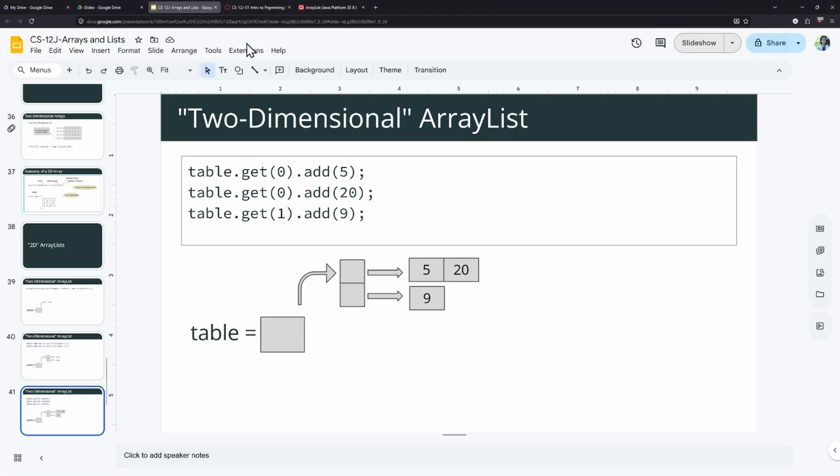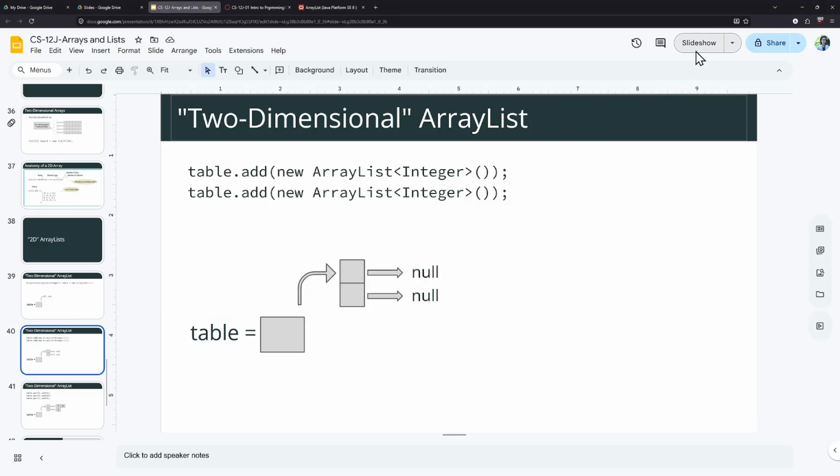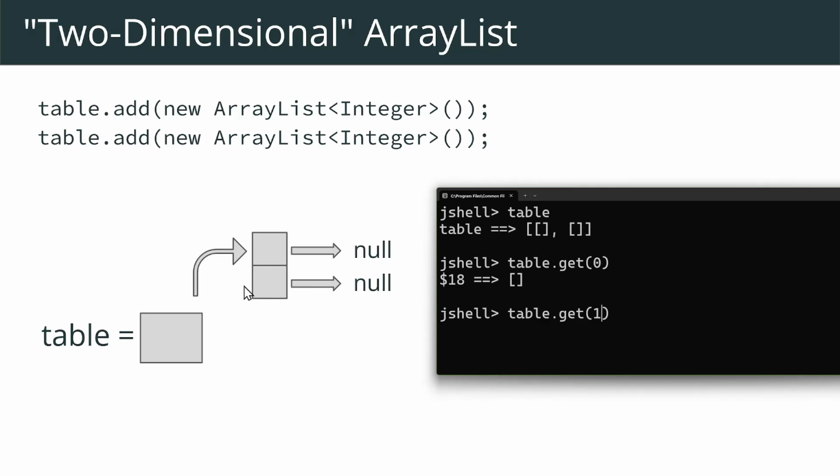If I were to do table.get(0), this is saying grab the first element, as 0, and the first element is an empty array list. So you could do get 0, enter, and we see an empty array list of size 0. You could also do get 1, which gives us the second one, and it's also empty.